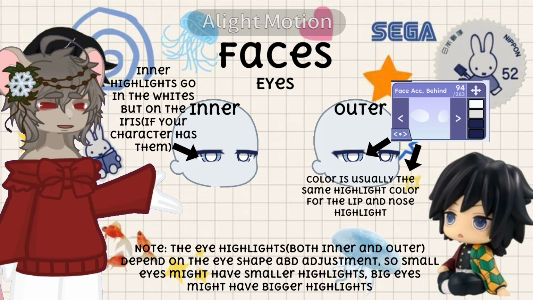And for the outer eye highlights, that depends on the eye shape after you're done adjusting it, and also on what other added facial features you have on the character. Because if you have more than 4 things, you won't be able to add it.